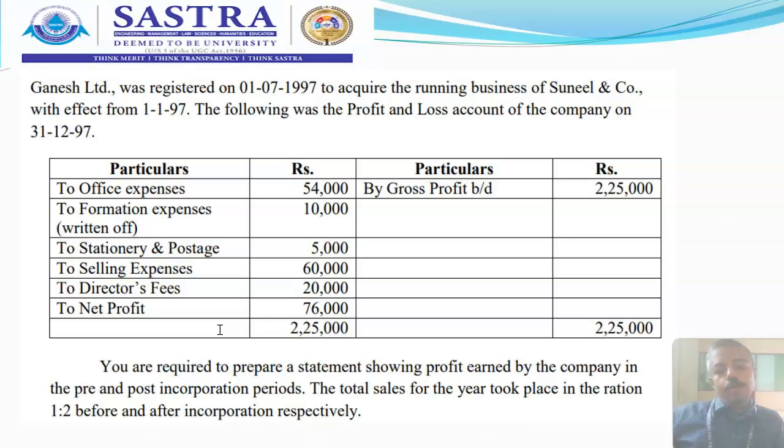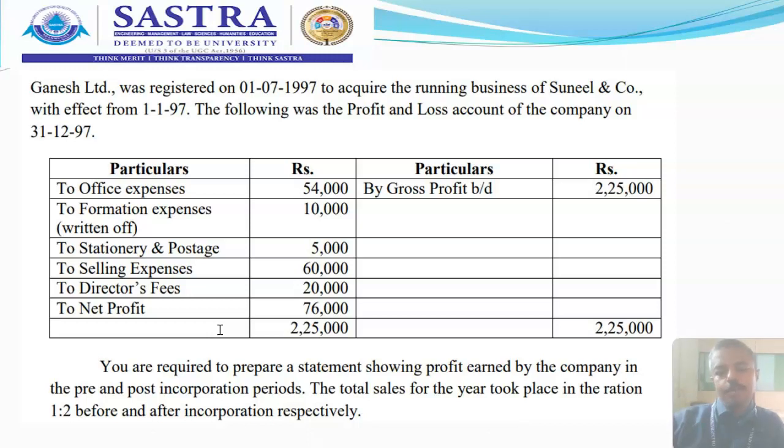So now apportion the rupees 2,25,000 at 1 by 3 for the pre-incorporation period. 2,25,000 multiplied by 1 by 3, you will get rupees 75,000.